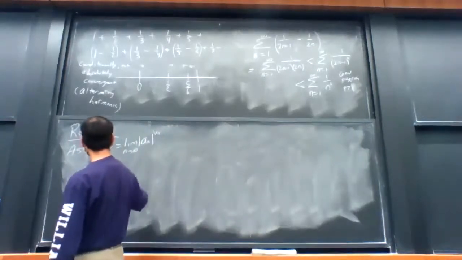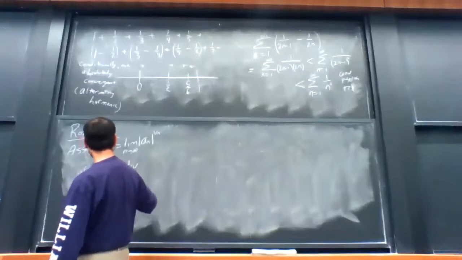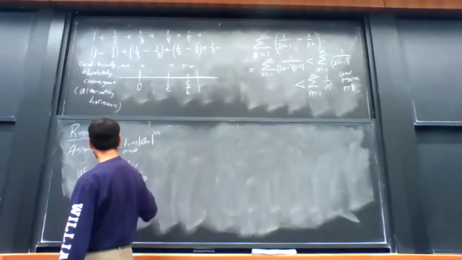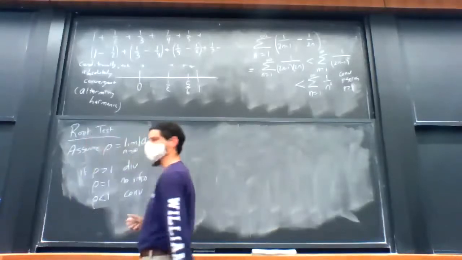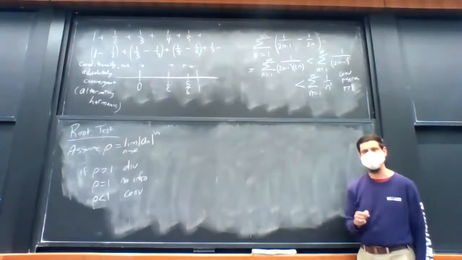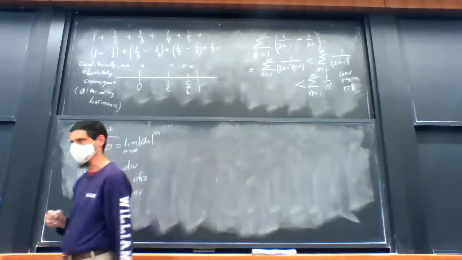If rho is greater than 1, it diverges; rho equals 1, no information; and rho less than 1, it converges. So this should look extremely familiar, right? This should look a lot like the ratio test.